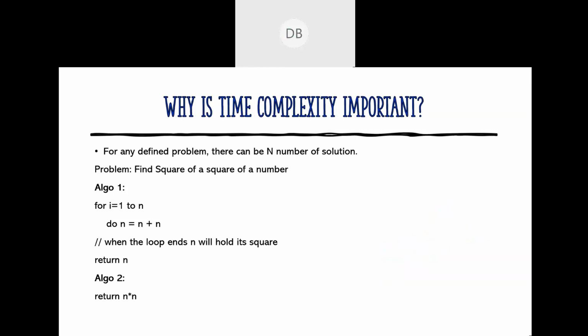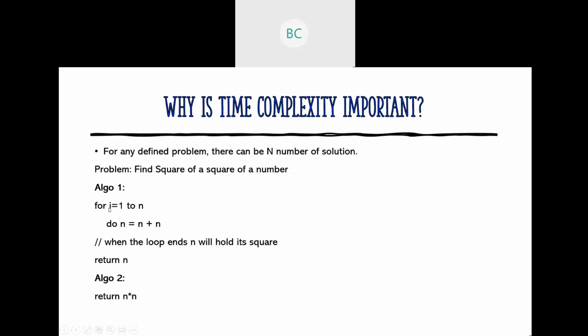So let's see why time complexity is important. I already mentioned this. For any defined problem, we have n numbers of solutions. For example, find the square of a number. You can provide two algorithms.